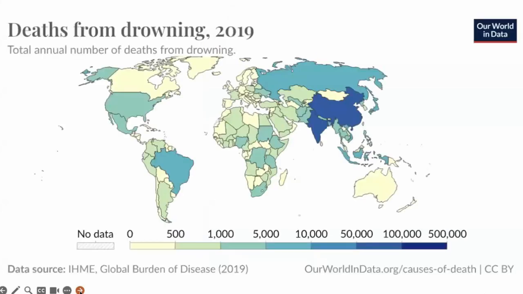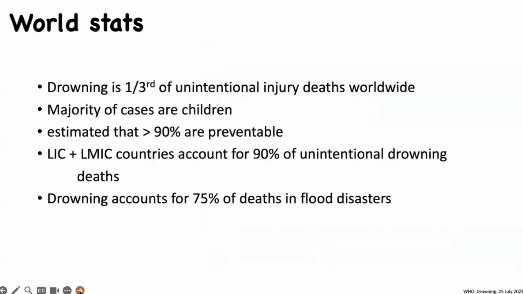Deaths around the world, we've got a lot in low, middle income countries, quite a significant amount of drownings also in the Far East. Drowning causes 1/3 of unintentional deaths worldwide. And unfortunately, a lot of these cases are kids.